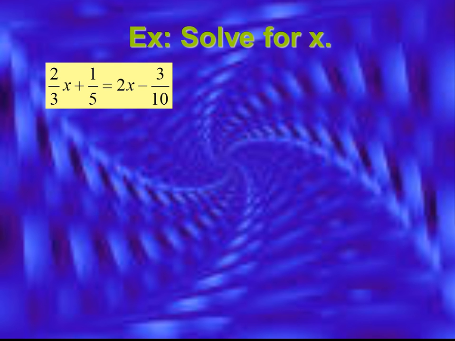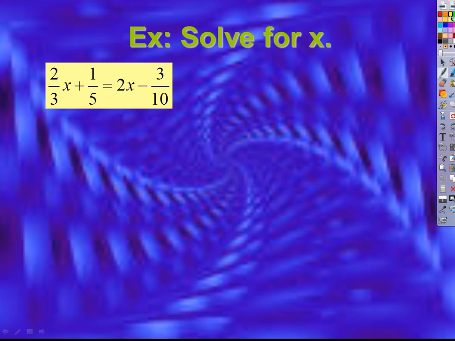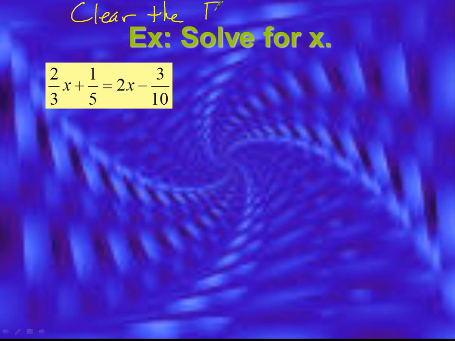Well, it is. How do we do it? Anybody know? Okay, good. We're going to clear the fractions. That's what we call this trick, for lack of a better word. Okay, we're going to clear the fractions, and the way we do that is we take all the denominators on both sides of the equation.